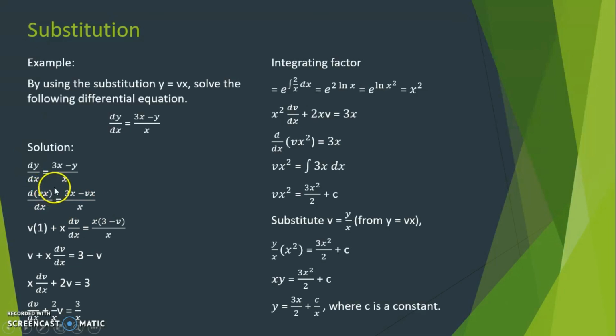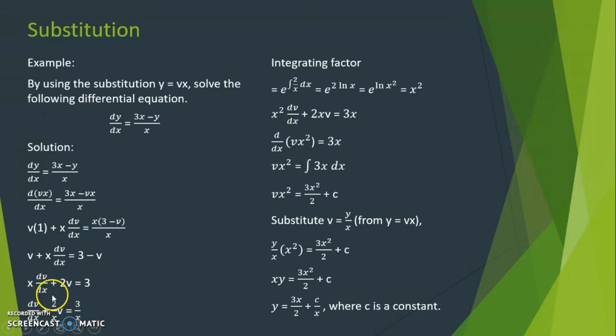From here, we use the product rule. We get v multiplied by 1 plus x dv/dx equal to, here we can factorize it, x(3 - v)/x. Then we solve this step by step. We will get back the general equation of the differential equation.